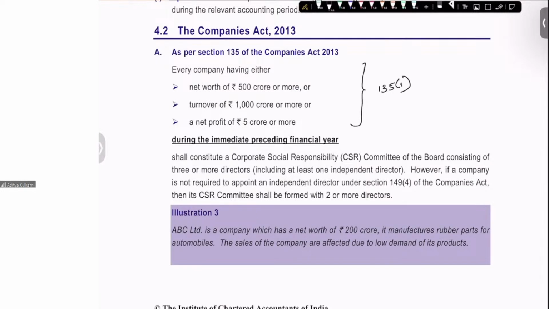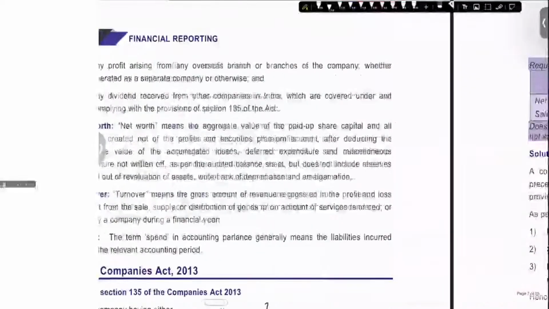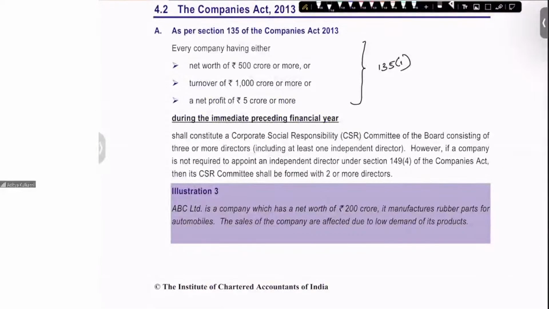This is nothing but 135.1. This is nothing but section 135 subsection 1. Okay, so now what we look is any one condition is fulfilled during the previous year, you are required to fulfill your CSR responsibilities.